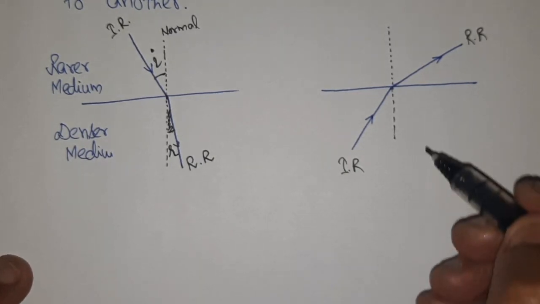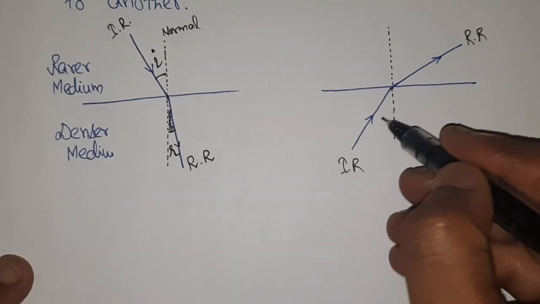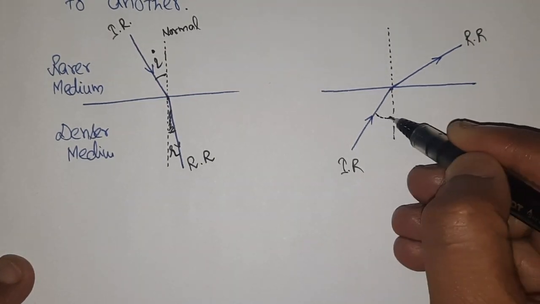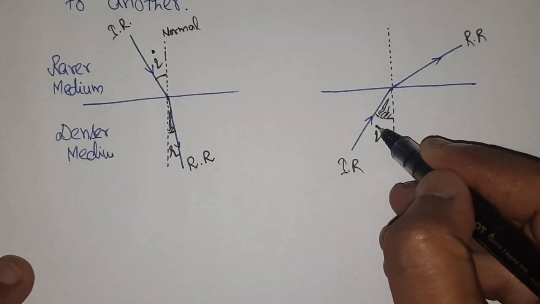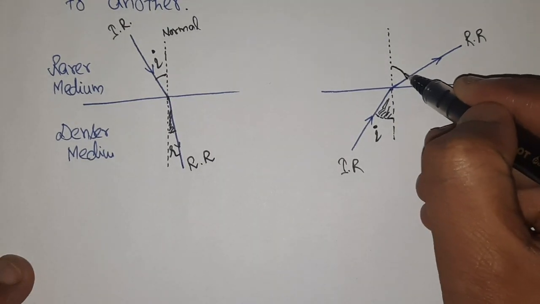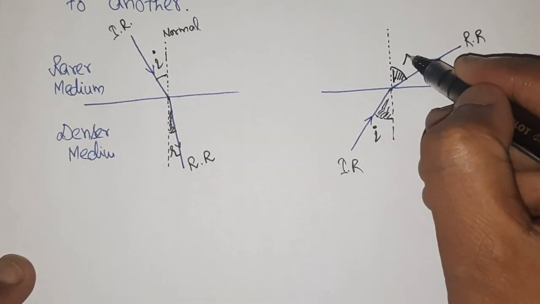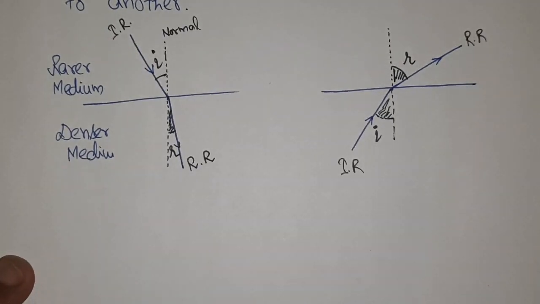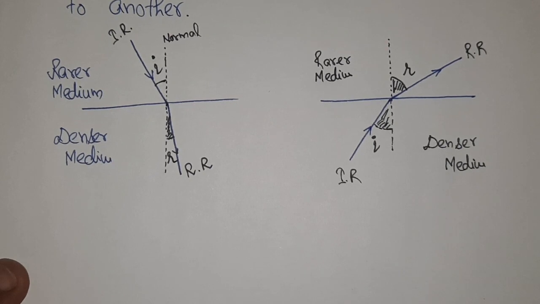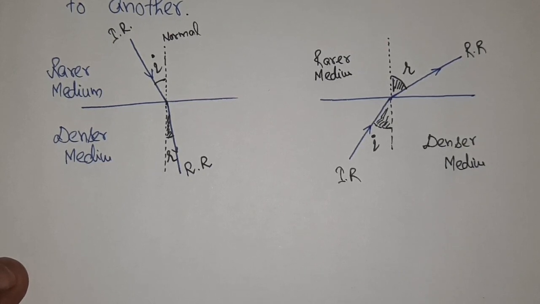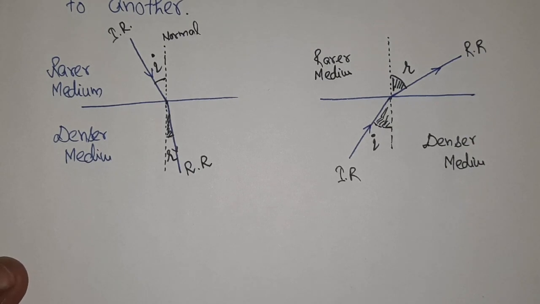Now in this particular situation, the incident ray making an angle with normal is the angle of incidence, and the refracted ray making an angle with normal is the angle of refraction. It's fine.